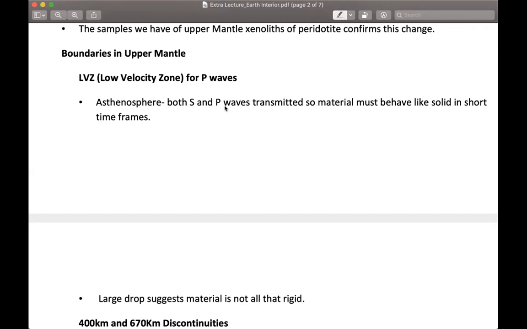That's why S waves are not transmitted through liquids, but P waves are compressional, so you can compress a liquid without any problem, right? Like when you apply the brake in your vehicle, there is fluid which is compressing, right? So like that, P waves can be transmitted through both solids and liquids.